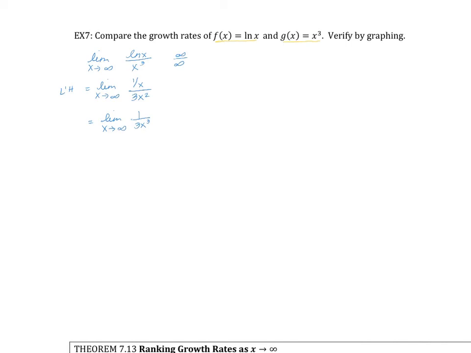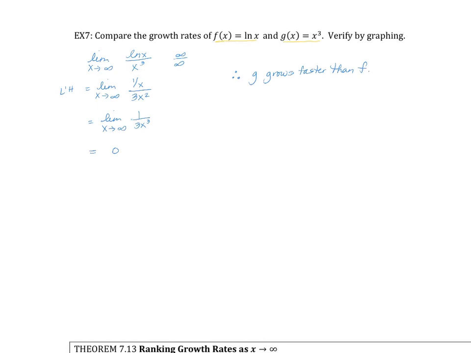Okay, so as x goes to infinity, this is 0. So what does that mean? Well, therefore, the bottom grows faster. Therefore, g grows faster than f. Okay, so that's what we can conclude.